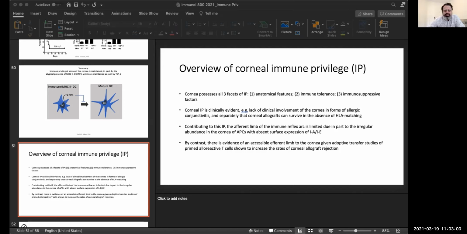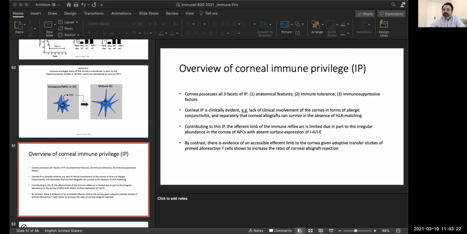Think about, for example, the epidermis and the dermis. There's a basement membrane there that Langerhans cells, which live in the epidermis and are intraepithelial, must cross in order to get into the lymphatics in the dermis. You have the same situation in the cornea.